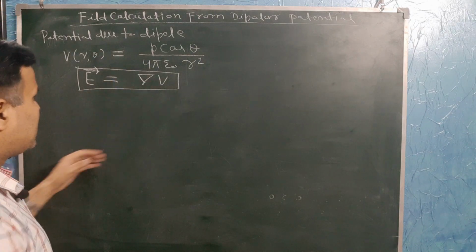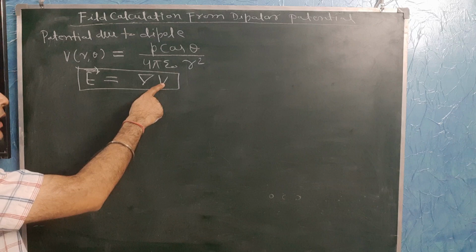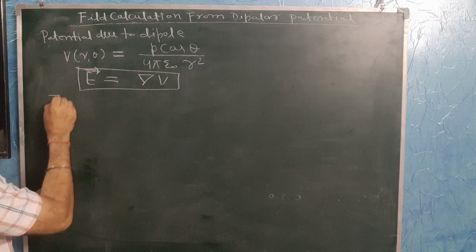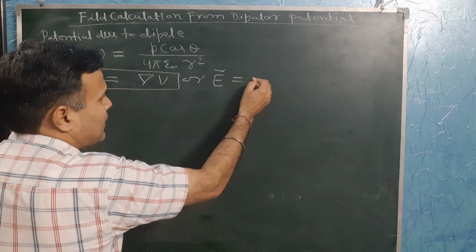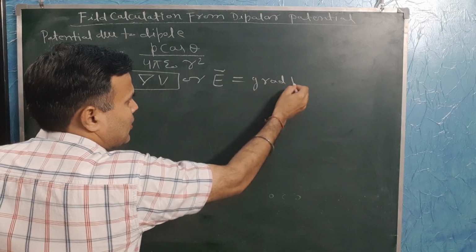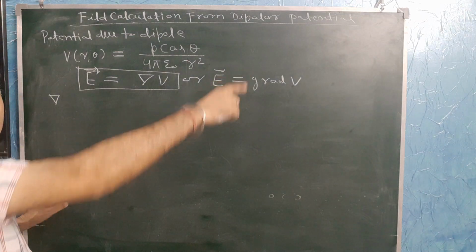So this V is potential, and this is electric field, and you can write E equals minus grad of V, the gradient of potential.